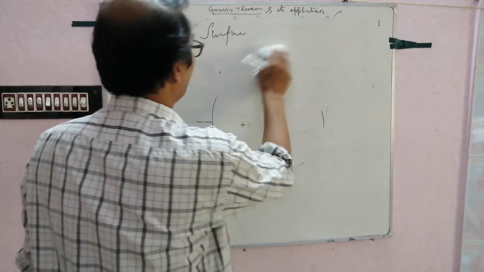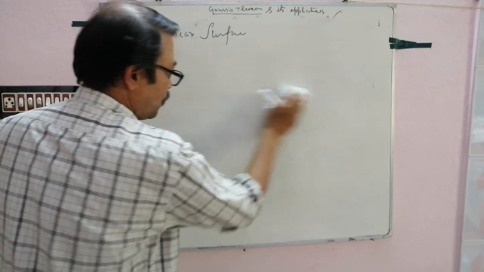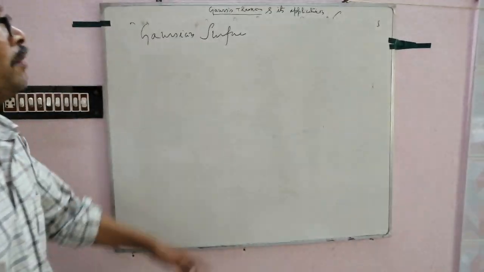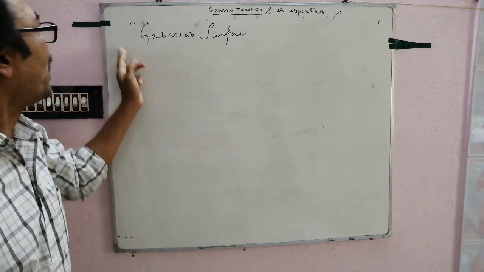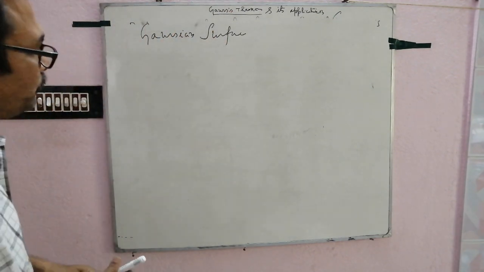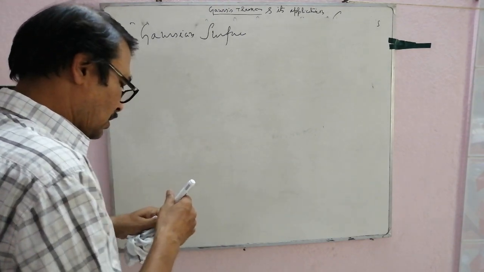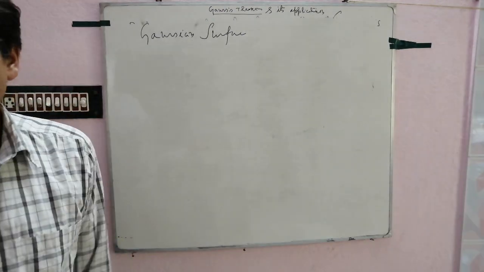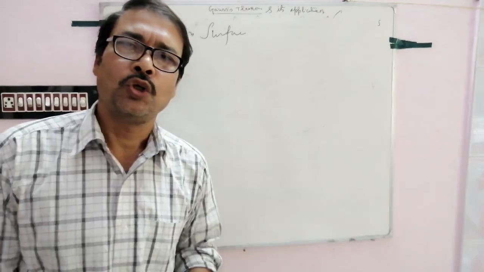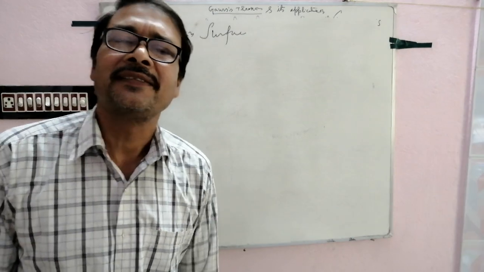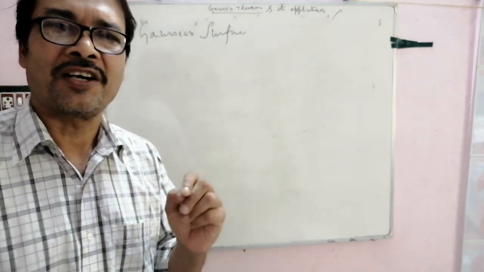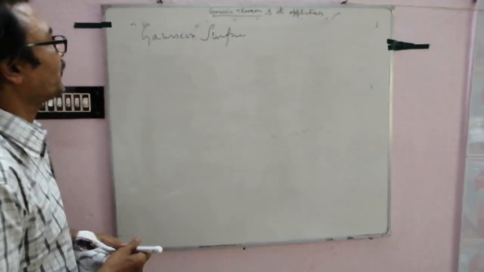Now, in every case, when we apply Gauss's theorem, at the time of application we have to draw a Gaussian surface. With the help of Gauss's theorem, it is very easy to calculate the electric field intensity for different cases.